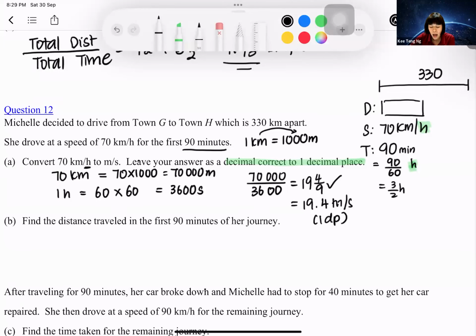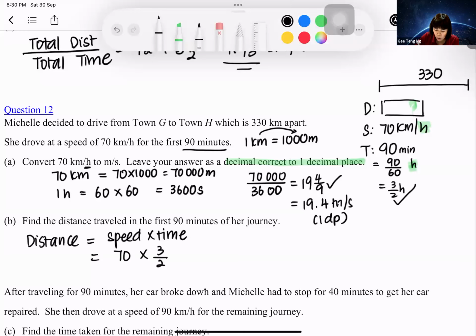Now let us see how to find this distance over here, right? Taking distance equals speed times time. They gave me a speed of 70 and you already converted for me. The time is 3/2 of an hour.